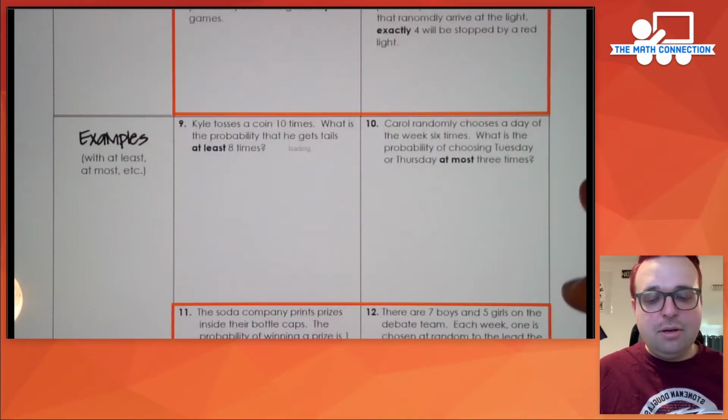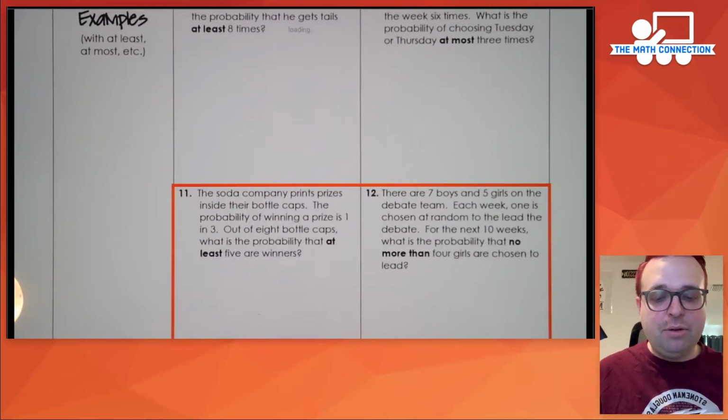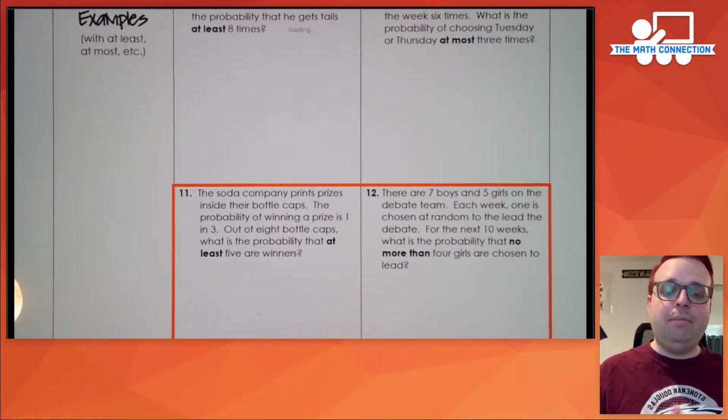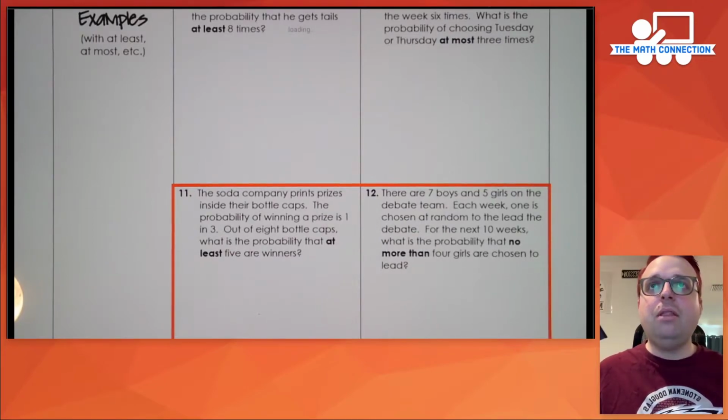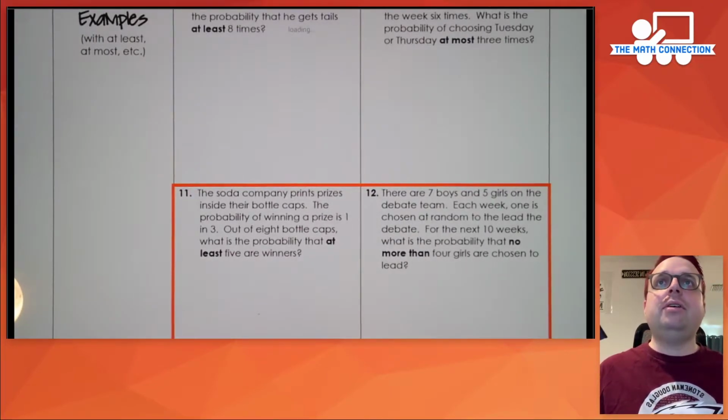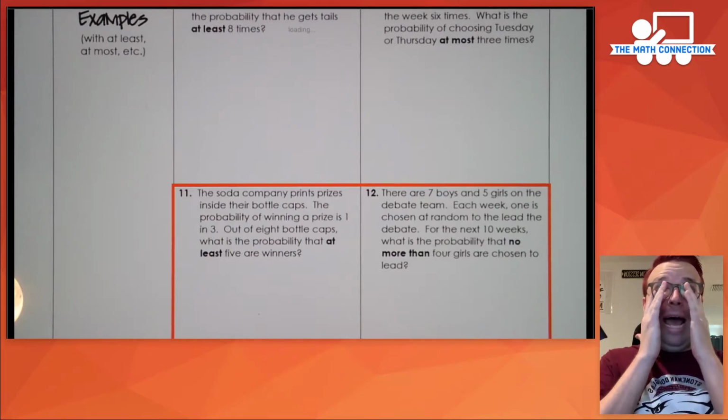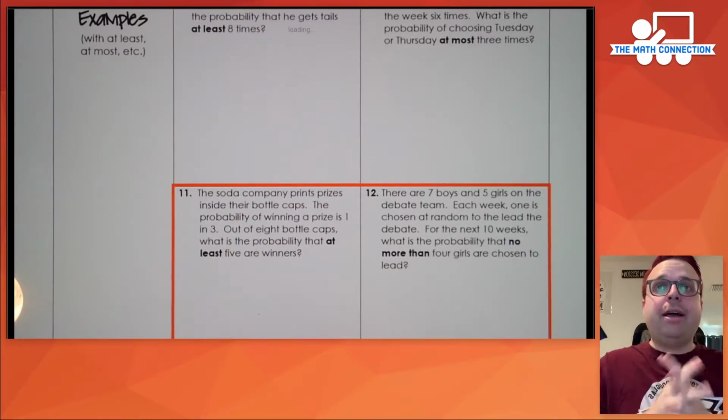Okay, so the last part here, there's only 4 questions. I'm going to do 2 of them. You're going to do the other 2. The last part of the notes here is about at least or at most, okay?